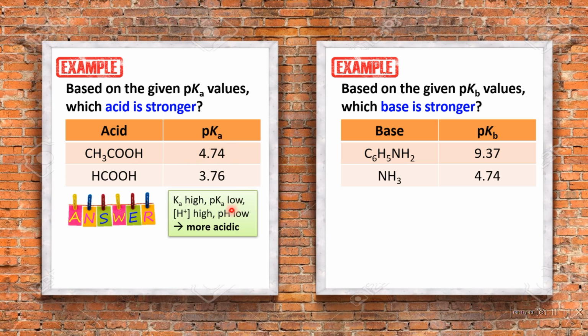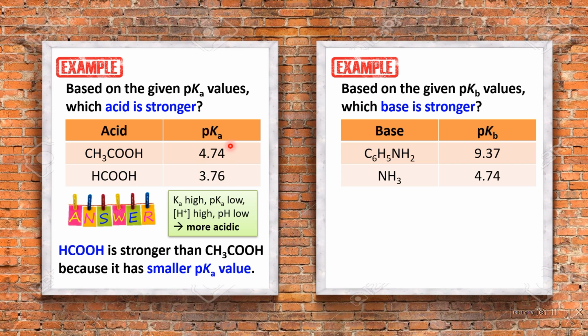Remember, if Ka is high, pKa is low, so the concentration of H plus is high and the pH becomes low. That's why it becomes more acidic. So for this one, refer to the pKa values, and you have to choose the lower pKa value.